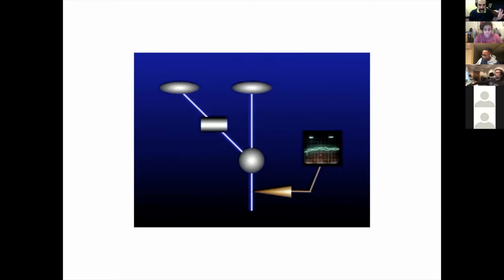But most of the mainstream models of motion detection are based on this idea of having a series of lines that converge.